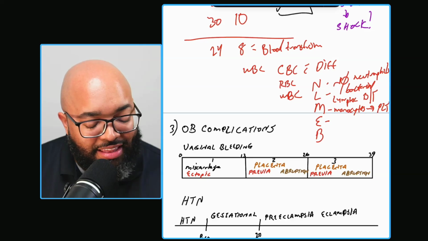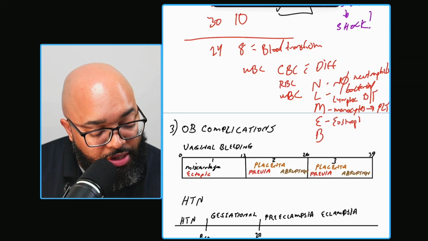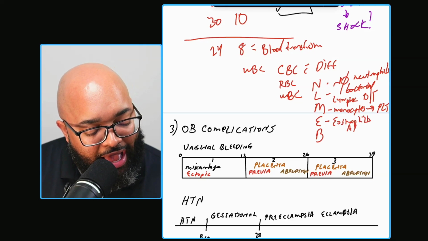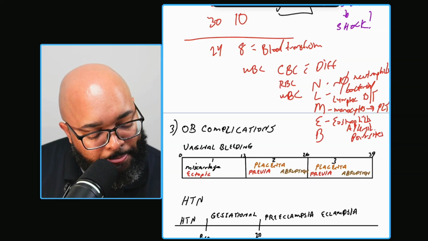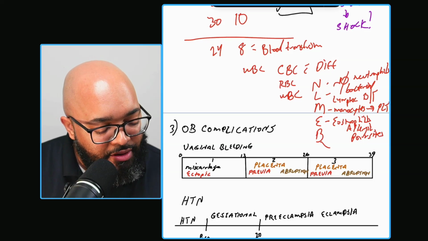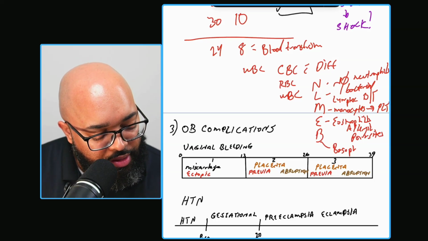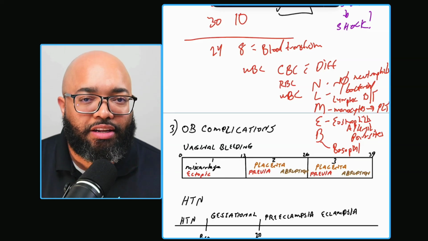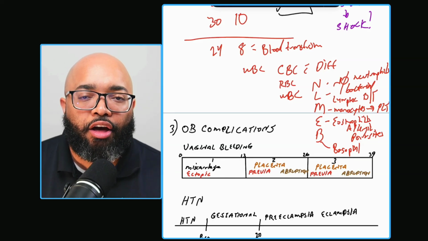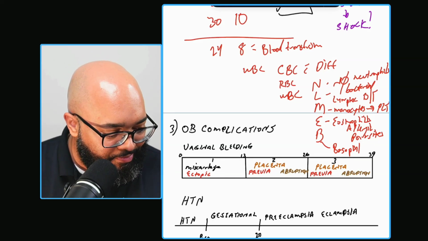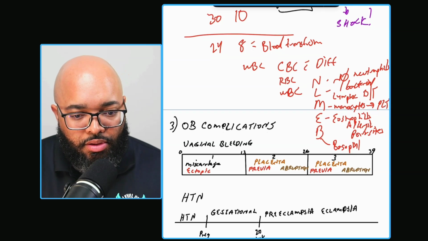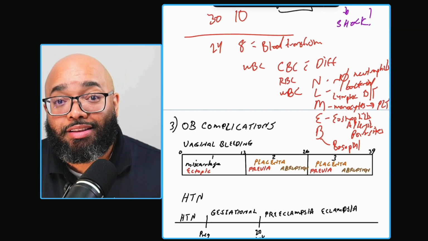The E is eosinophils. Eosinophils help with allergic reactions. They also help with parasites. And then the B for basophils, they're also involved in allergic reactions and other immune situations. And all of this is in the comprehensive study guide.